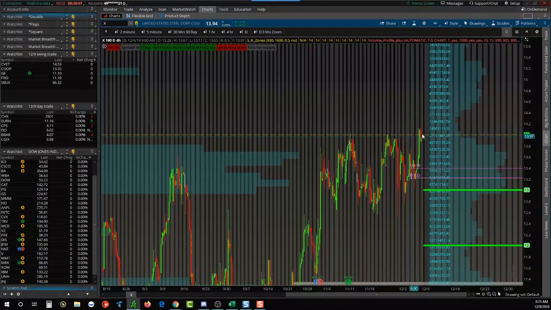What I'd like to see out of this thing today is a break back above this $14 range and then a retest sometime in the week to validate the new range above $14. On that retest, I'm looking to go long with this in a 30-day trade.